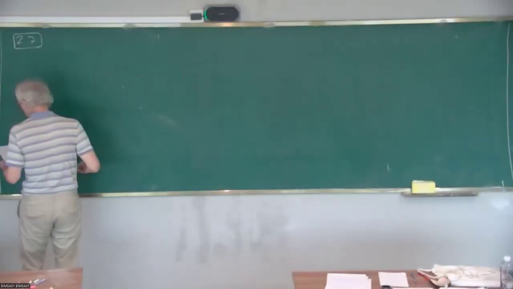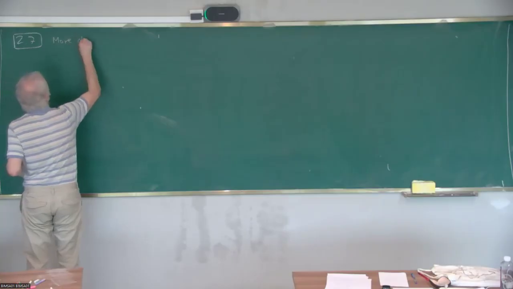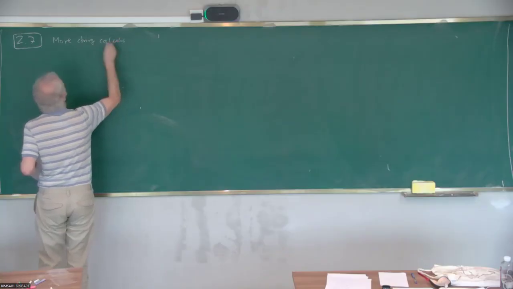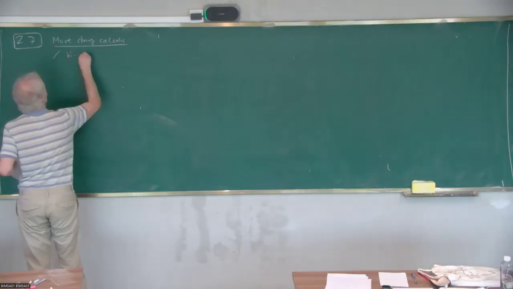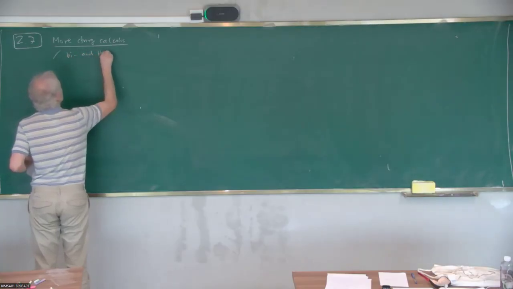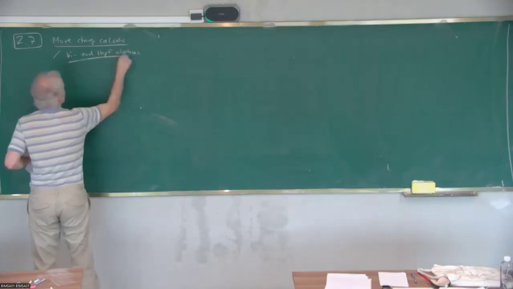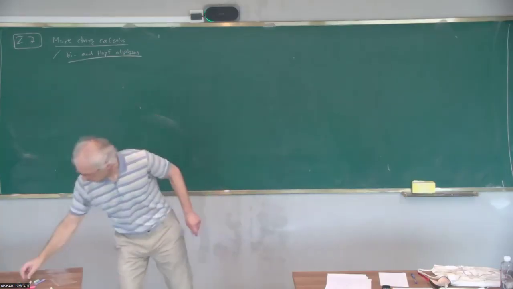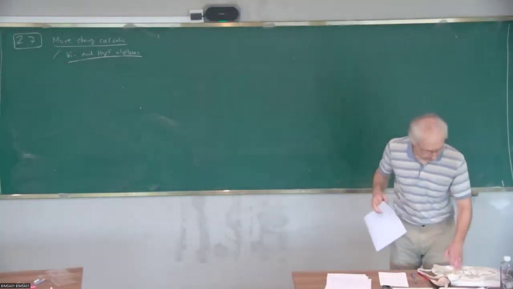Now we come to section 7, which is about more string calculus, which I will introduce with the help of bialgebras and Hopf algebras. There are various things about Hopf algebras I want to tell you, but if time is not sufficient, I will leave out some of them.